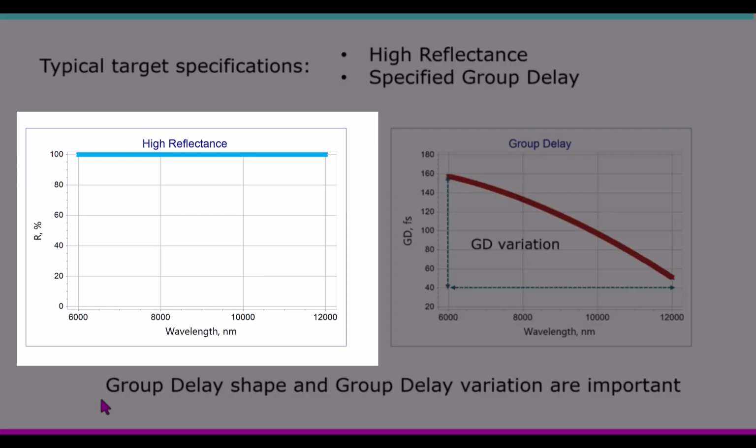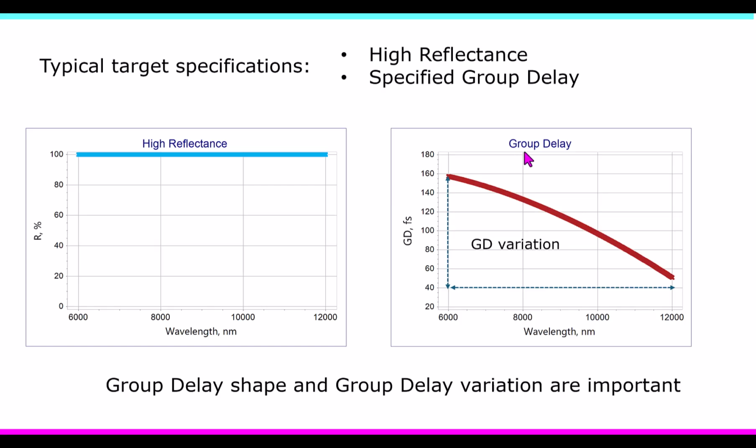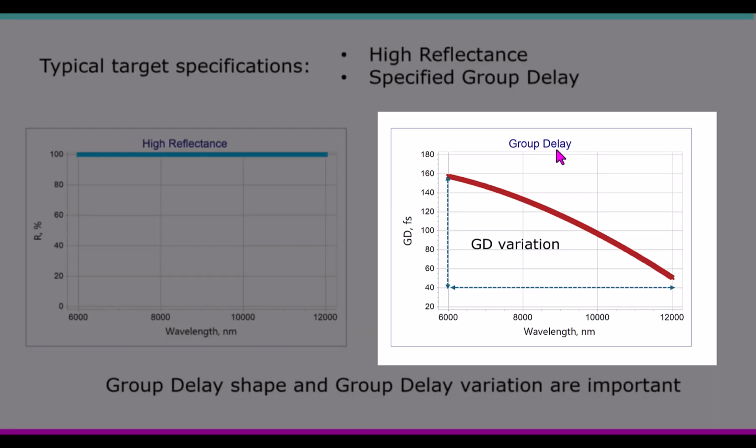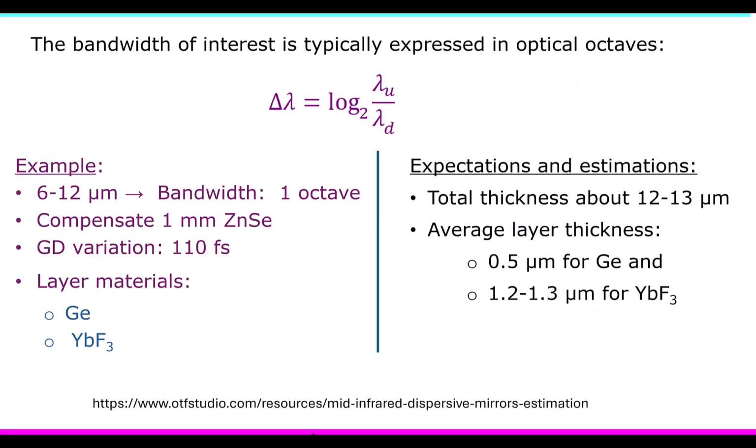Typical target specifications in mid-infrared dispersive mirrors are high reflectance, close to 100%, in a broadband spectral range, and group delay. The shape of group delay is important, and group delay variation is a key design parameter. The bandwidth of interest is typically expressed in optical octaves.